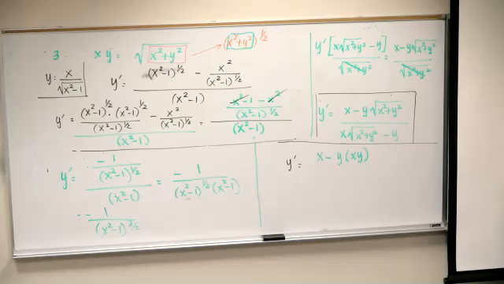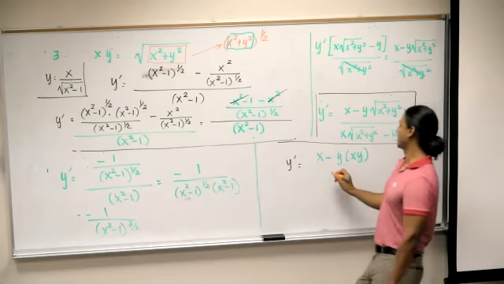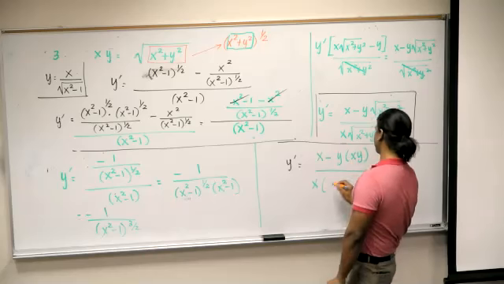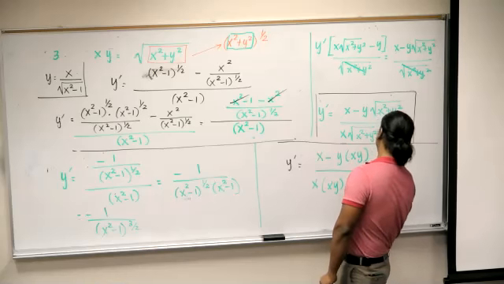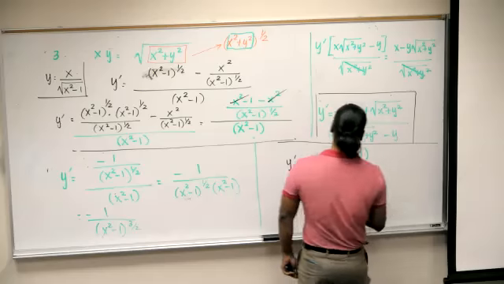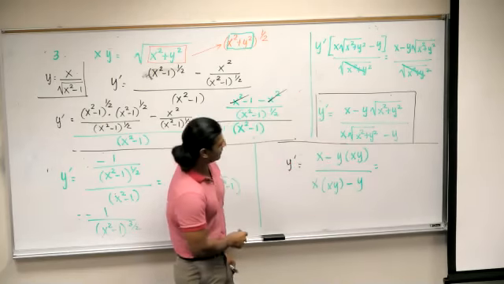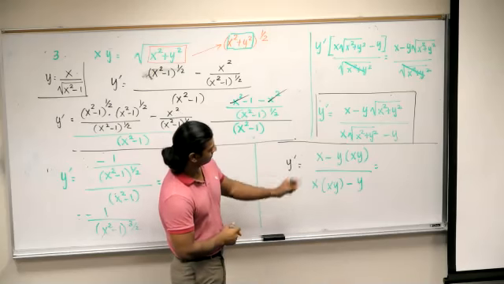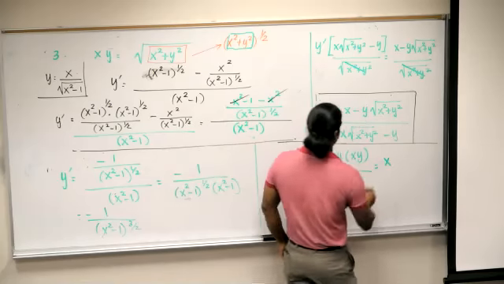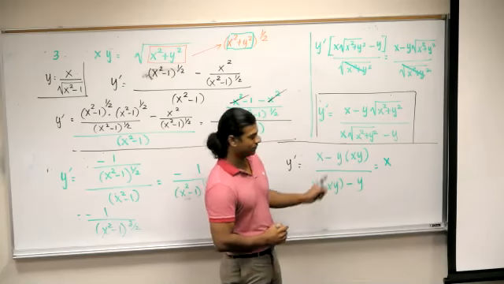So this is a different way of doing it, so why are we getting a different answer? Divided by x multiplied by xy, minus y. Good? In the numerator, what do we have in common? Just x, right?